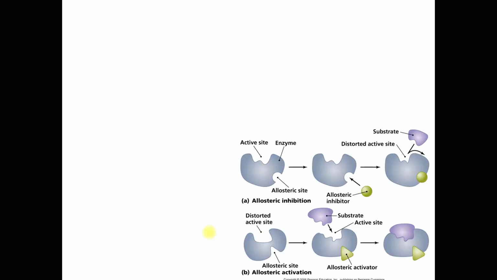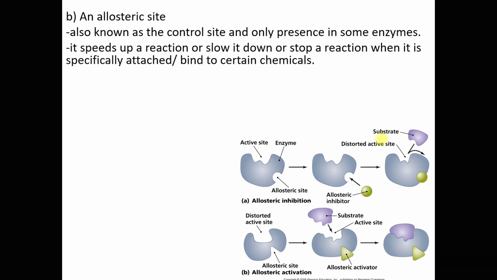Now we have a diagram here that shows you allosteric inhibition and allosteric activation. Before we proceed with this, let's go to the second structure of an enzyme, which is allosteric sites. Not every enzyme, some enzymes have an allosteric site.